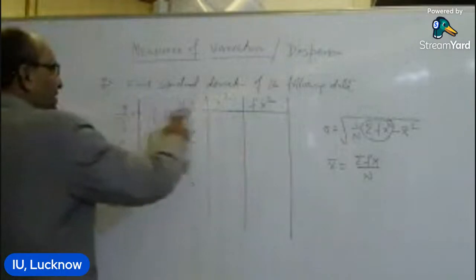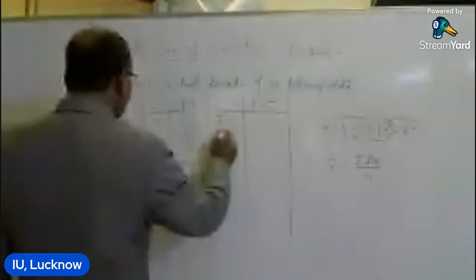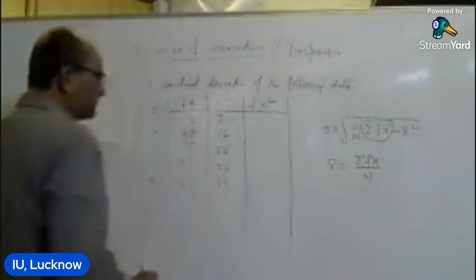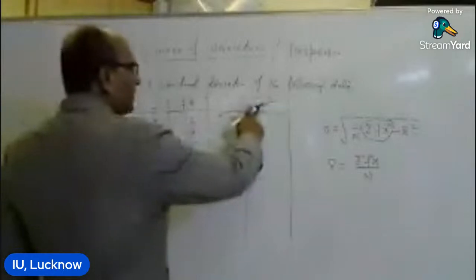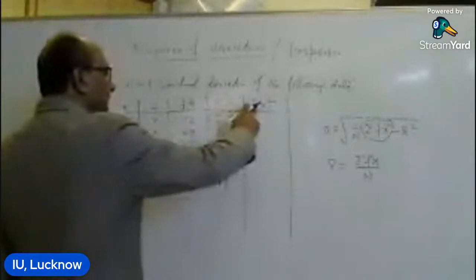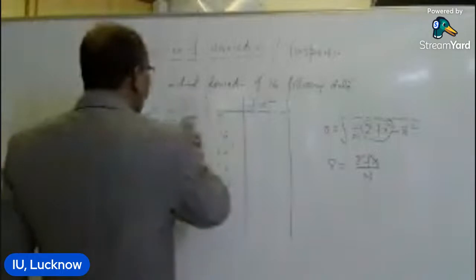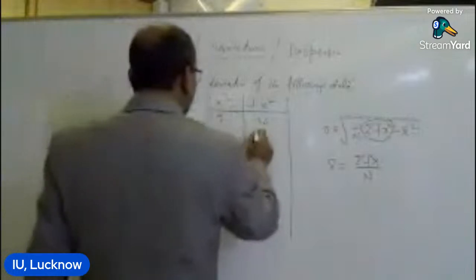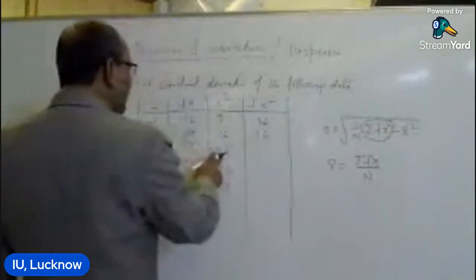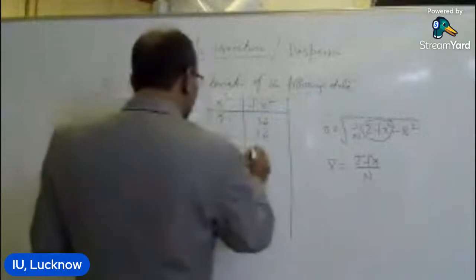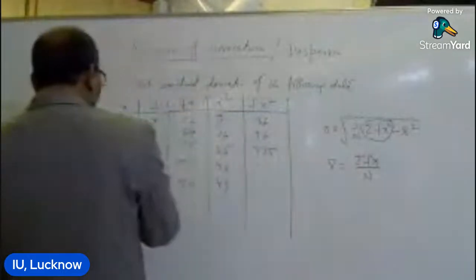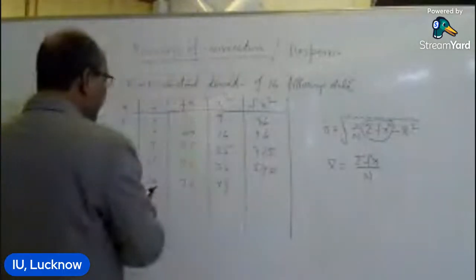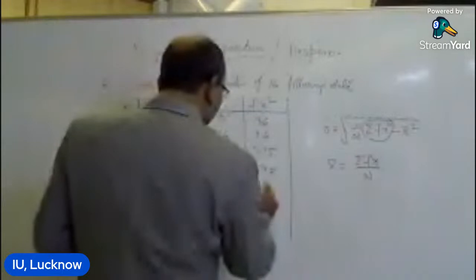Then squaring x, squaring this observation x. So x square here: 3 gives 9, 16, 25, 36, and 49. Then multiplied by f. X square multiplied by f: 4 into 9, 36. 16 into 6, 96. 15 into 25, 375, and 15 into 36, 540, and 10 into 49, 490.